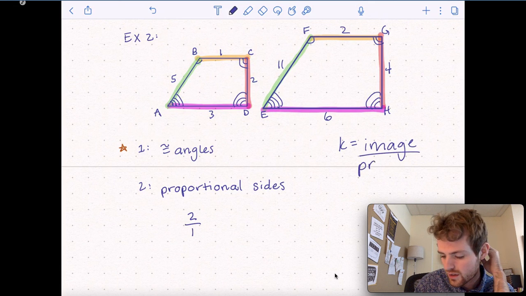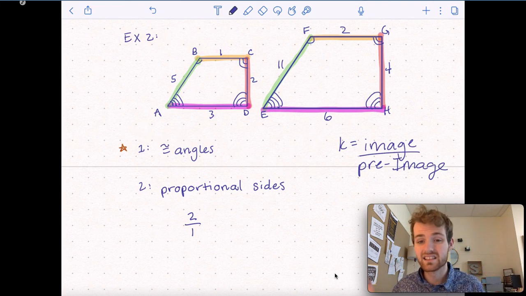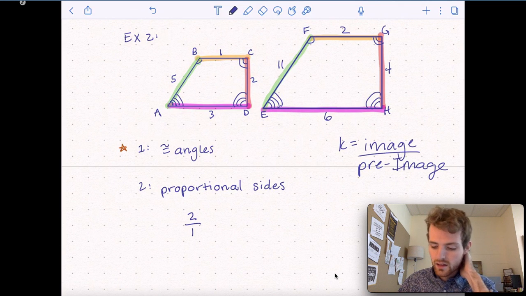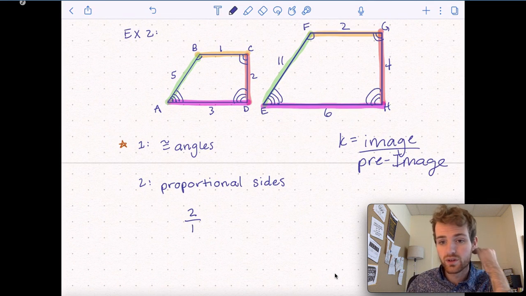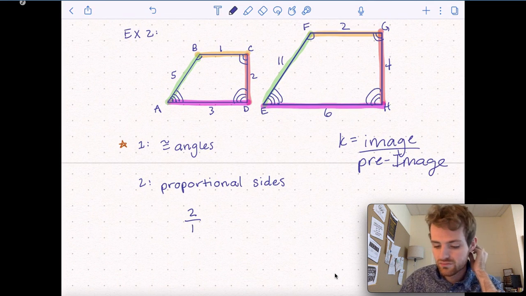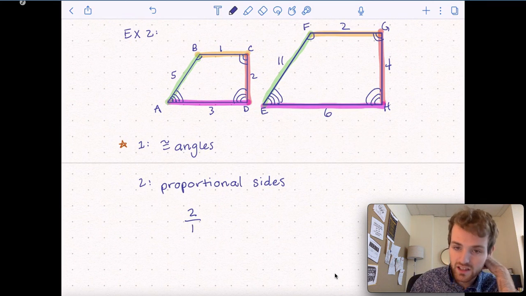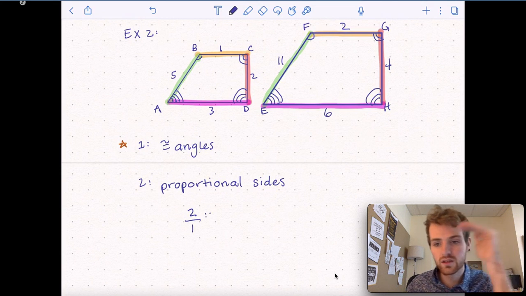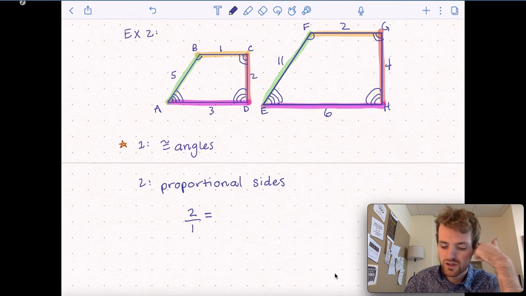Do we know in this diagram which one the image is and which one the pre-image is? No, it doesn't tell us. If it doesn't tell us, we get to choose. Because we don't know which one we start with, we can pick. I'm going to choose 2 over 1 to put the bigger trapezoid numbers on top, but it'll work either way. So I'm doing 2 over 1.